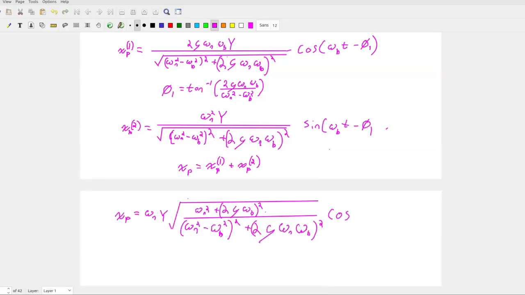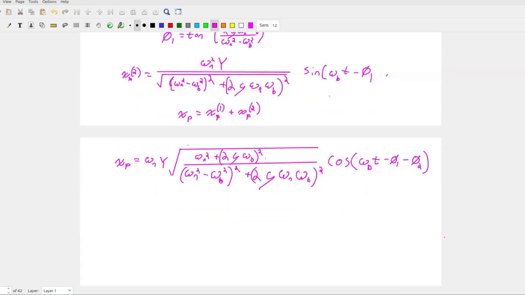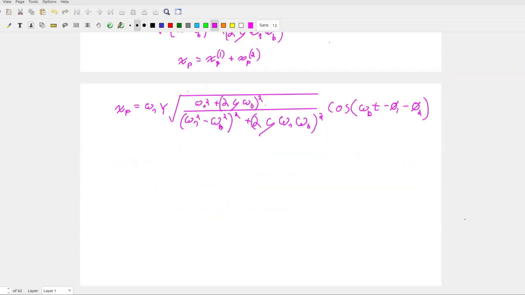I get cosine of omega b t minus phi 1, which they both have, but there's got to be some other phase that's disconnecting the two. So I go minus phi 2, and by just adding that in, I can link my sine and cosine into having just a cosine function.